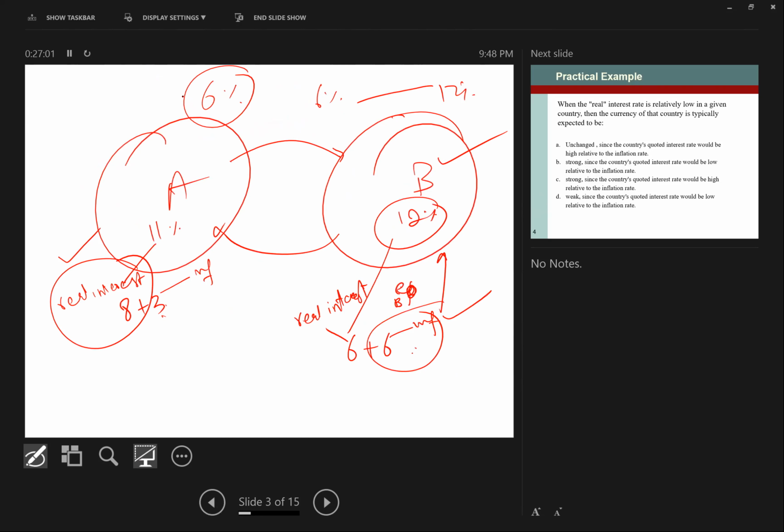Whereas you can save with your own home banks, you can earn 8%, right? So in our coming lectures, we'll talk about this international Fisher effect and those parities. We'll talk about this concept in detail over there.